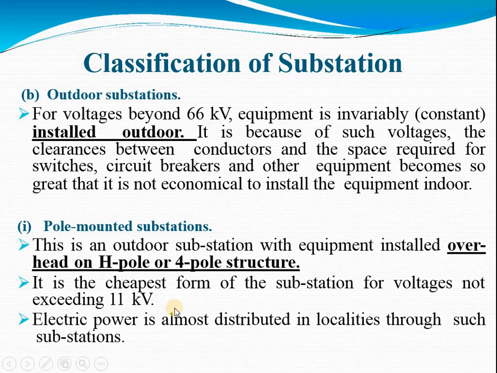The main purpose of this pole mounted substation is to convert 11 kilovolt to 400 volt. And also we can tap the 230 volt from this point, and we are using this 230 volt level in our house. Electric power is almost always distributed in localities through such substations.